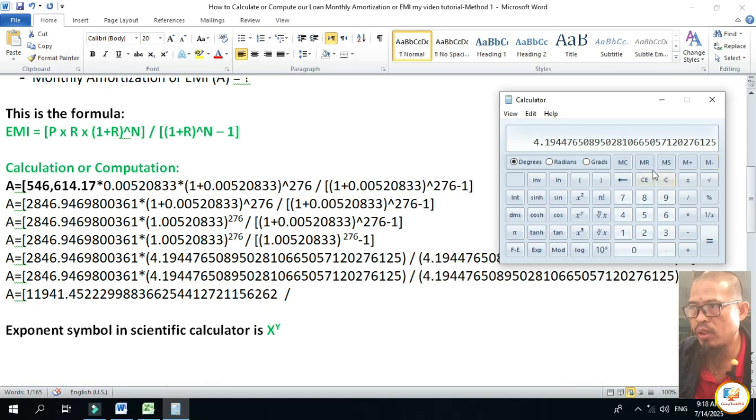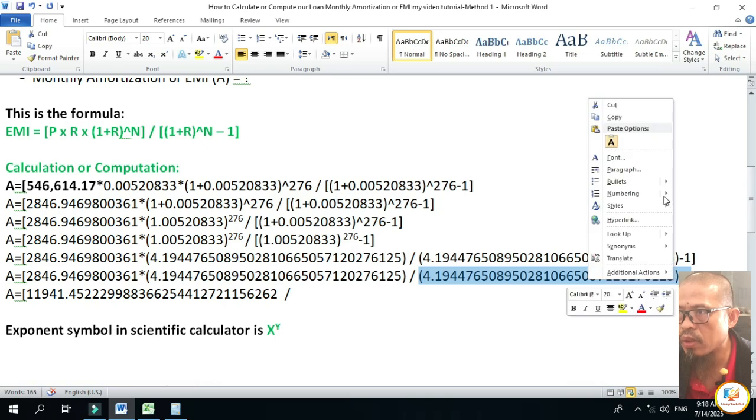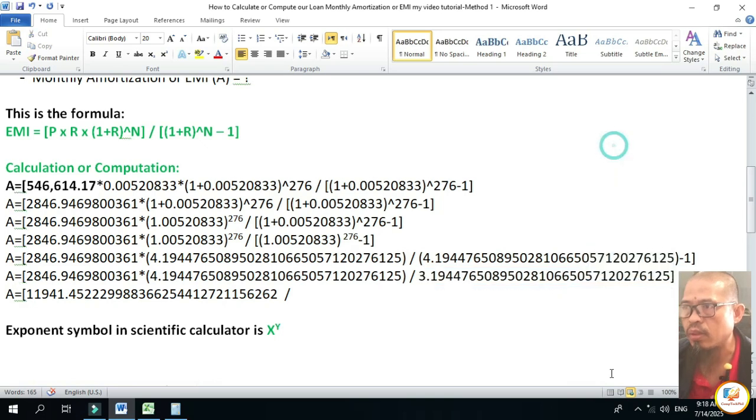Trying to minus this one. Paste here, minus 1. 1 minus 1. And equals 3. Okay. Let's copy it here. Okay, so this is now almost final, no?